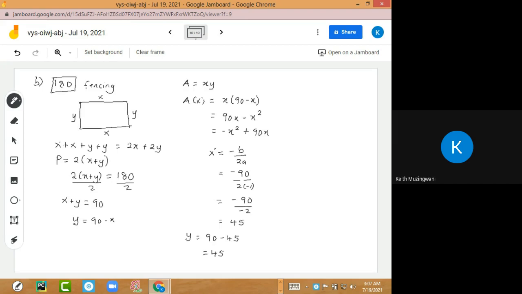So the dimensions should be 45 by 45. Meaning that this rectangle will be that special rectangle, which is a square.